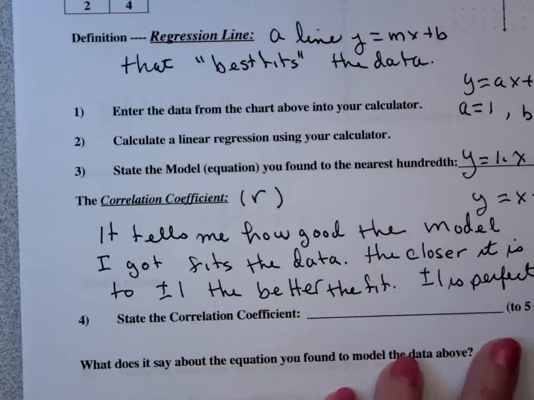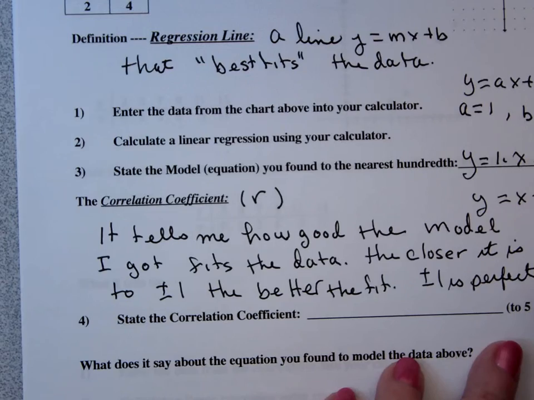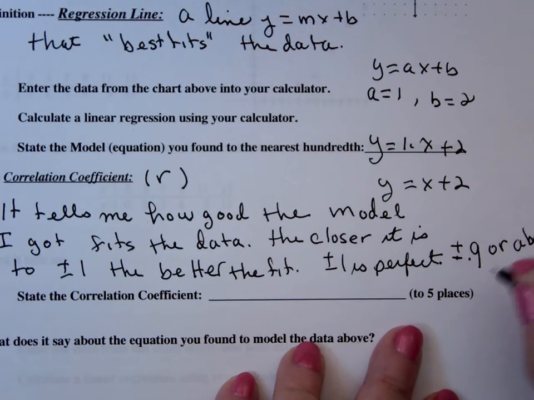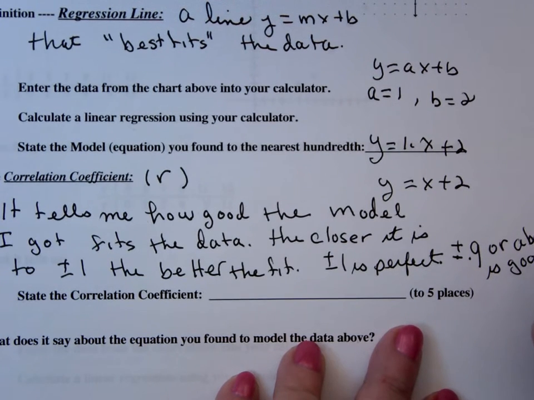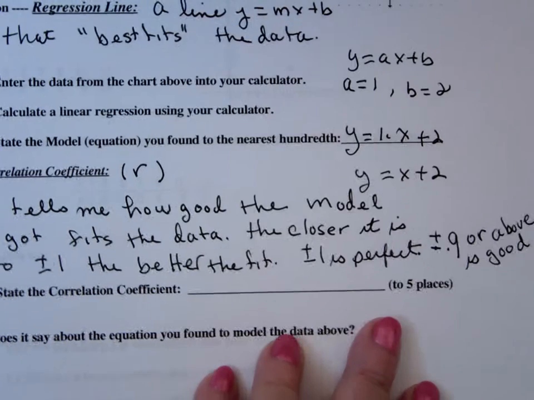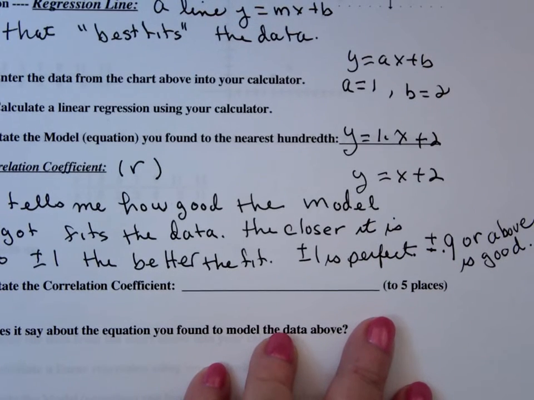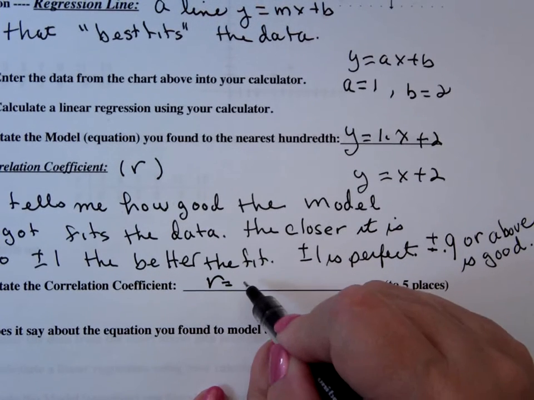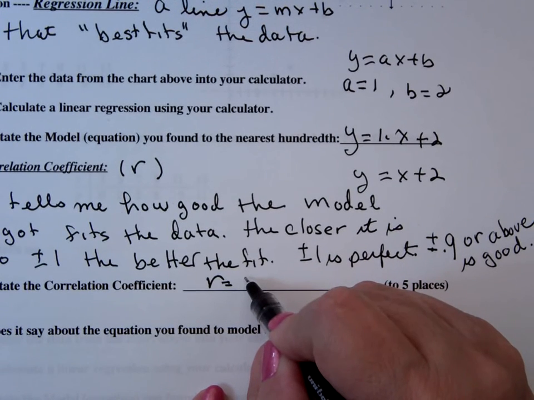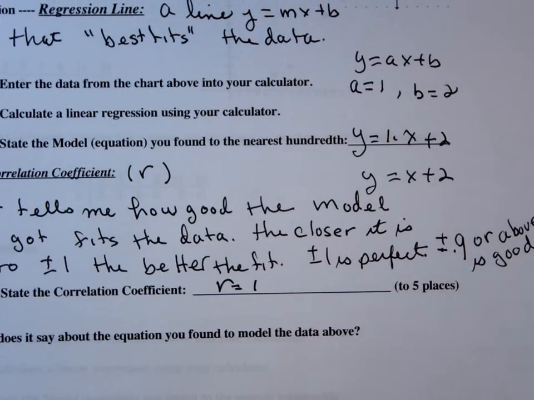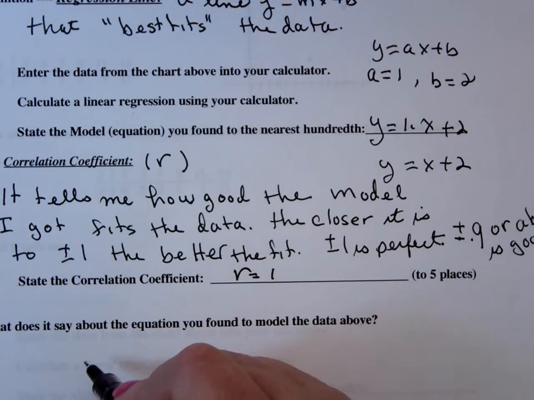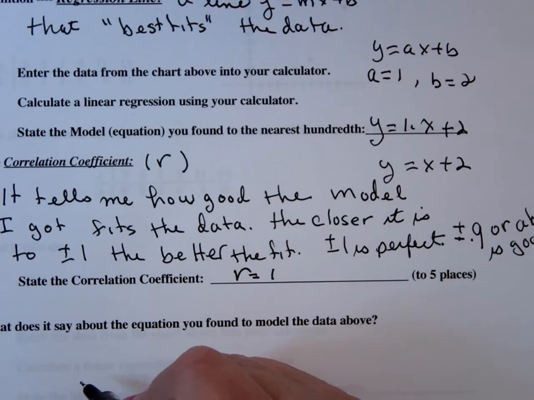Plus or minus 0.9 or above is good. What is my correlation coefficient for this problem? 1. What does it say about the equation I found for the model? R says it's a perfect fit.